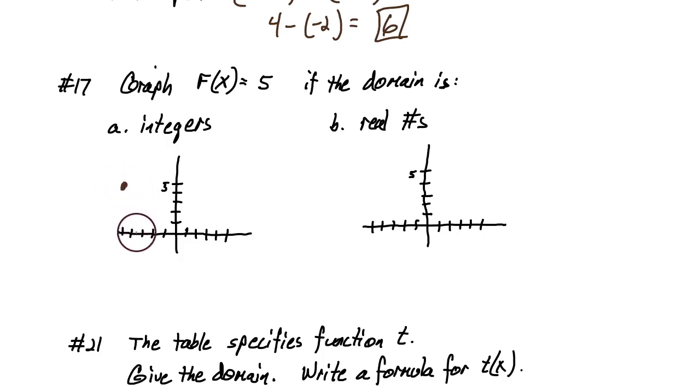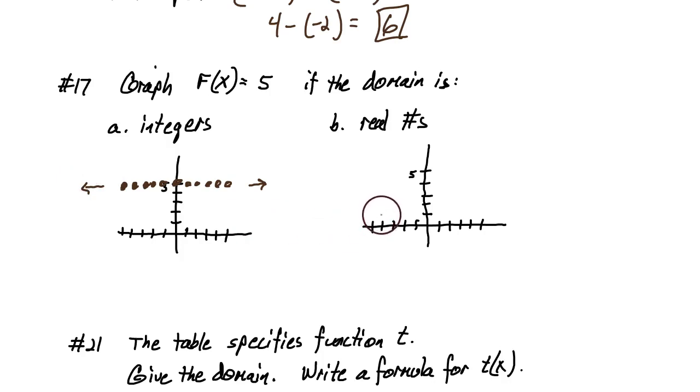When x is the integer negative 4, function f has a value of 5. So that's a dot up there. When x is negative 3, function f is 5. So another dot up there. Do you see the pattern of the dots? So just put a horizontal row of dots across the grid. This continues forever to the right, and it continues forever to the left.